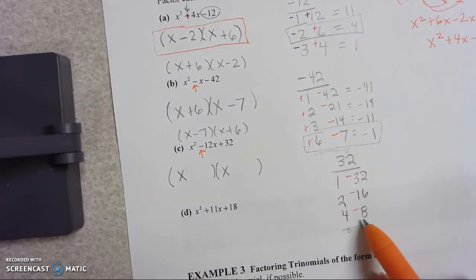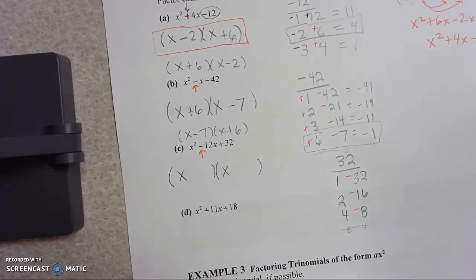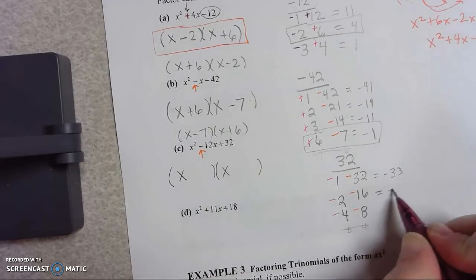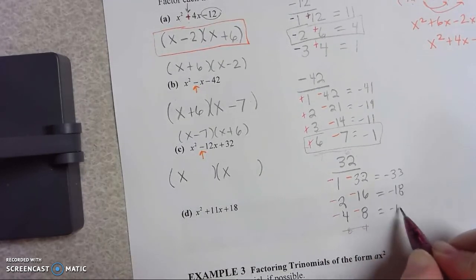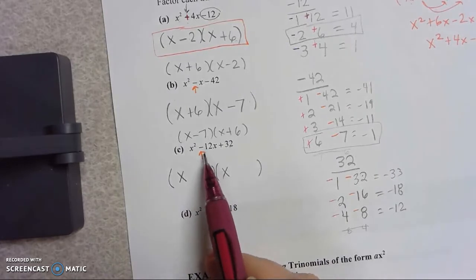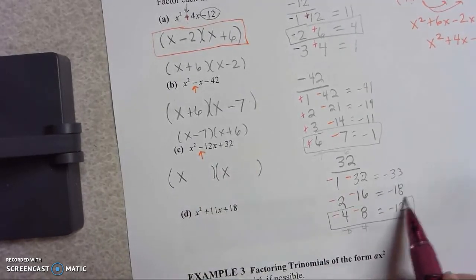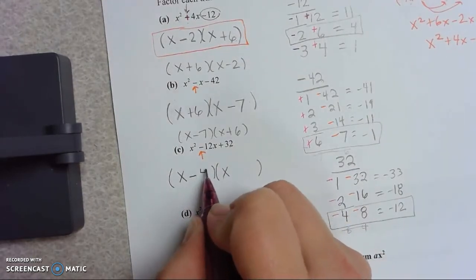I know my larger one is negative. That means my smaller one also has to be negative. Now, to know which of these three sets I need to choose, I'm going to add them together. Alright, and I'm looking for the two that add to give me negative 12, and that would be negative 4 and negative 8. So I'm going to come drop those in.